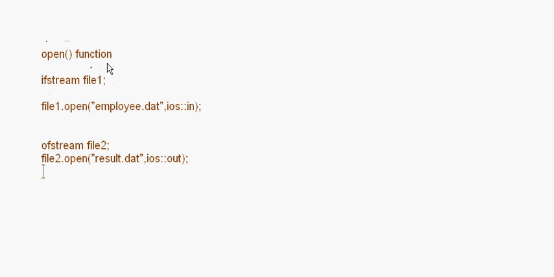Okay, so this is how we will use the open function for opening a file. I can use the same input stream. Supposing I say ifstream file1 and I say file1.open and I write here employee.dat and I write ios::in, like this, right? Now after this I have some statements here for reading and all, which we'll do later, fine.